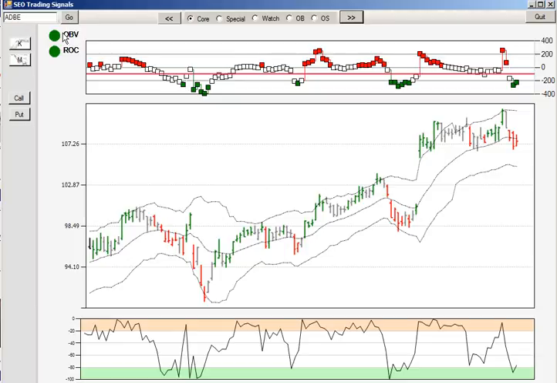If the 6-month is higher and the 3-month is heading down, then that will be a lighter green. If both the 6-month and 3-month are heading lower, then it would be a dark red. And if the 6-month were heading lower, but the 3-month were heading higher, it would be a yellow or yellowy orange color.